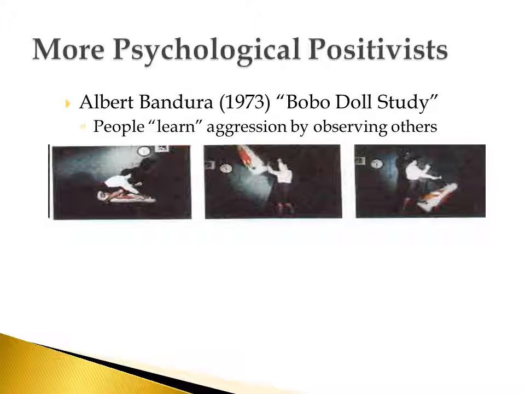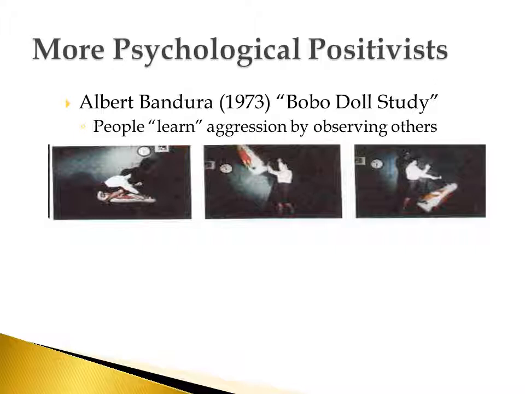In his study, he worked with small children, and he wanted to see whether children who observed someone behaving aggressively toward an object would imitate that behavior. So he had children stand on one side of a two-way glass, and on the other side, they watched a woman in a playroom, a room with toys in it, interact with this blow-up doll that we now call the Bobo doll.